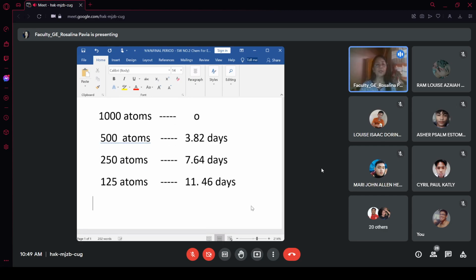Pag meron pang sumunod, halimbawa, this is now 62.5. Tama ba? Magiging 62.5 atoms na lang to.